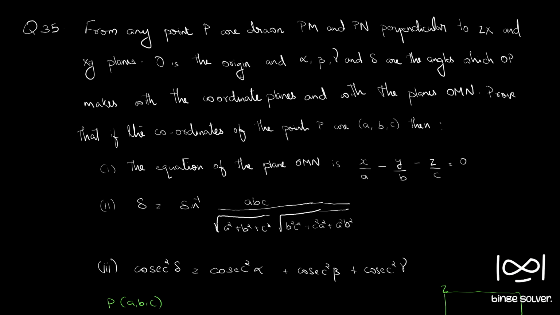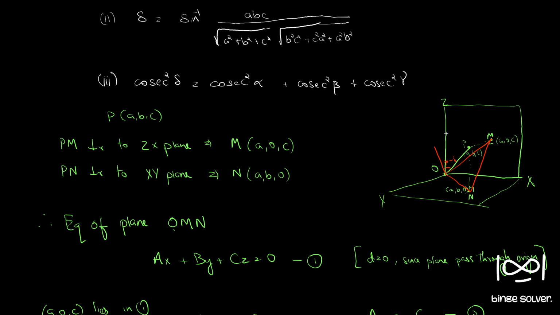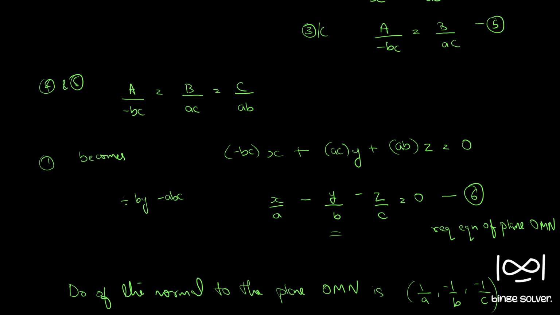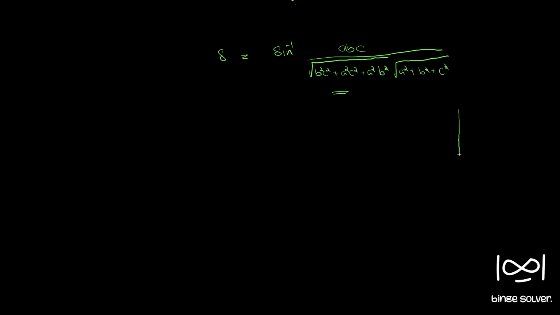If you see the question, alpha, beta, gamma are the angles which OP makes with the coordinate planes, so we have to write alpha, beta, gamma. This is too complicated. We'll either draw a new diagram or just imagine what is happening.